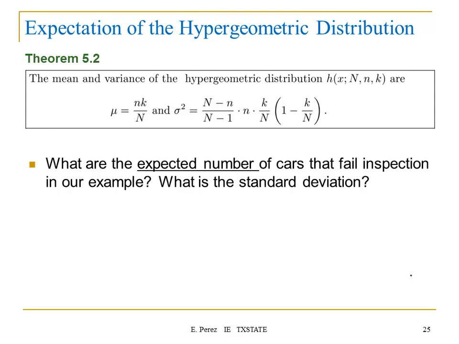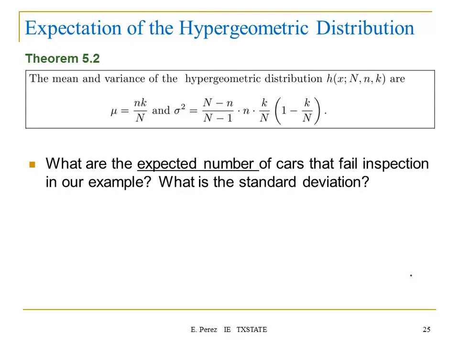So if I ask you what is the expected number of cars that fail inspection in our example, what will be your answer? And again, this relates to the problem that we discussed on Monday.